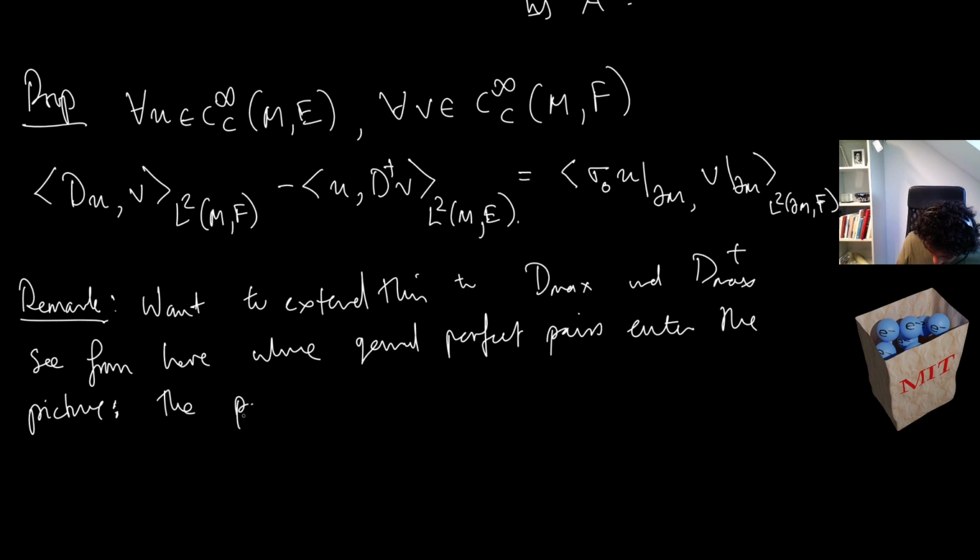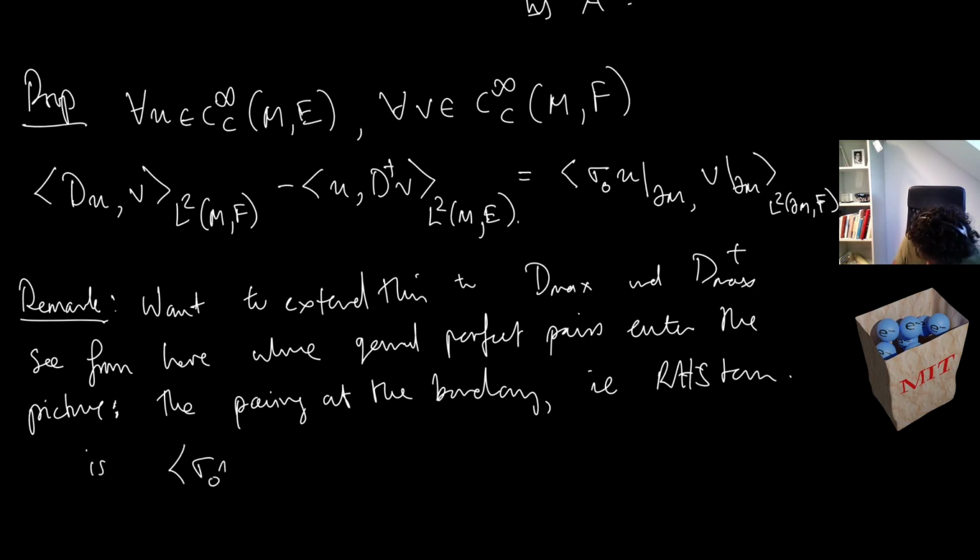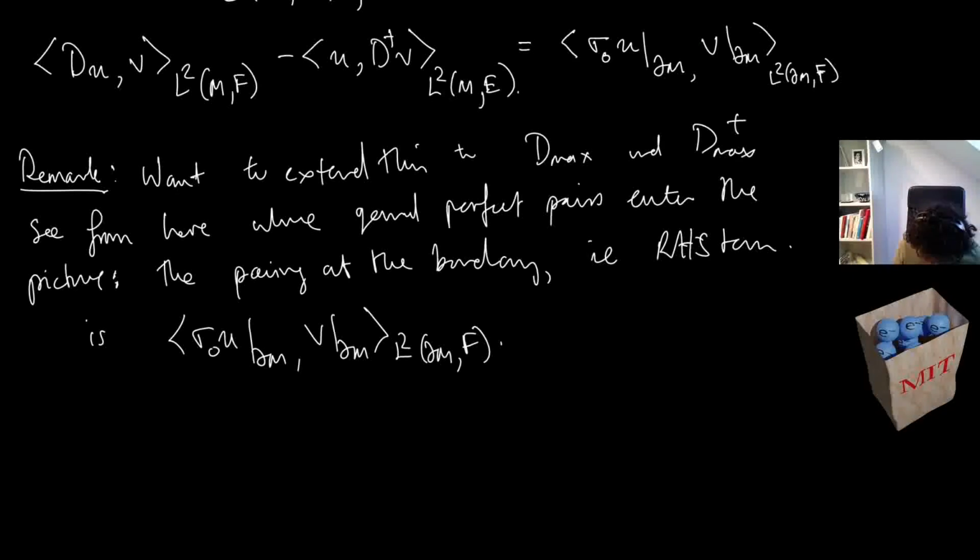The pairing at the boundary, i.e. the right hand side term, equals sigma naught u restricted to the boundary, v restricted to the boundary, in L2 of partial M f. I mean, this is the L2 inner product. Okay, so the problem that we have at hand is constrained by L2, the geometry of L2, right?